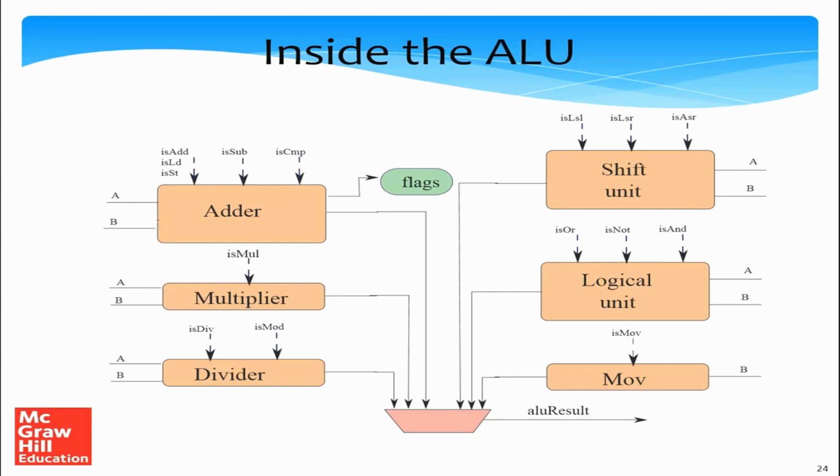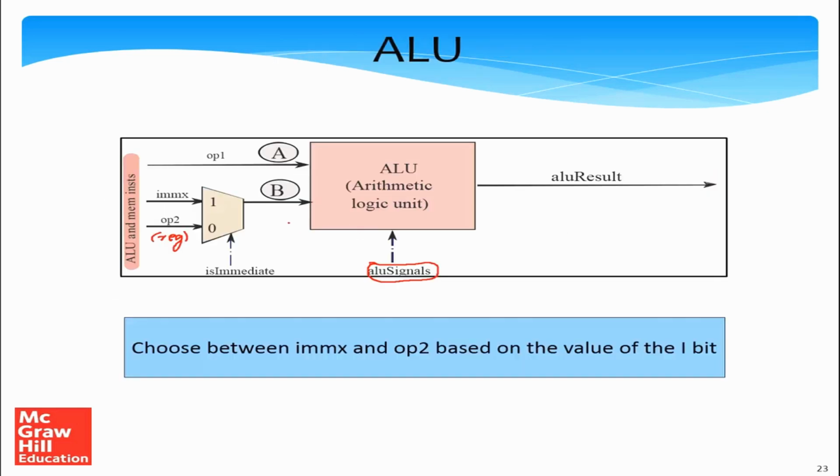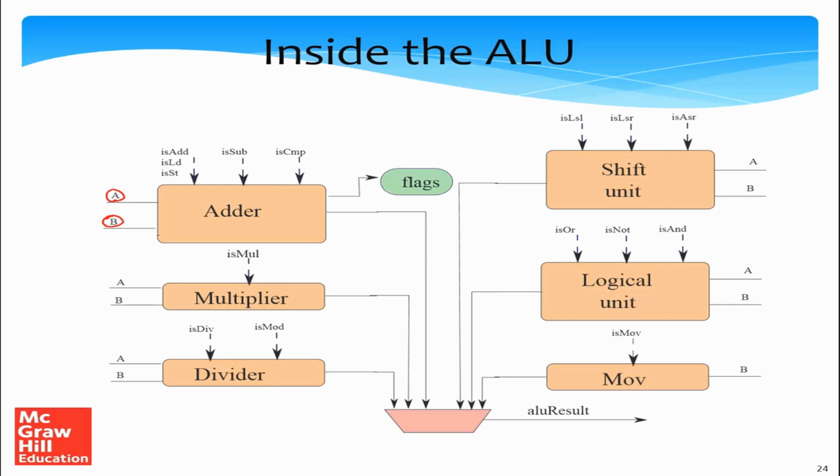The inputs to each of these units are actually the inputs to the ALU, which are A and B. The A and B were mentioned on the previous slide. So we'll refer to these two inputs as A and B. Essentially we love giving names to wires. So we have given a name to the first wire as A and a name to the second wire as B. So the adder also takes two inputs A and B.